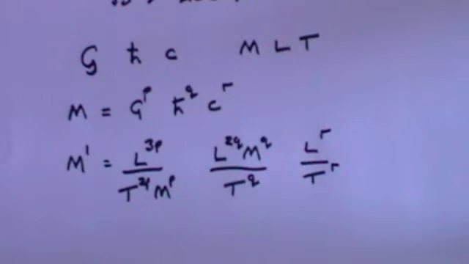I'm going quite quickly here because if you need to check this, you'll find it explained in the videos on Planck units. What you basically have to do is all of these lengths must cancel out because you've only got mass on this side, and all of the times must cancel out because you've only got mass on this side, and all of the m terms must cancel out to a single mass raised to the power of 1.